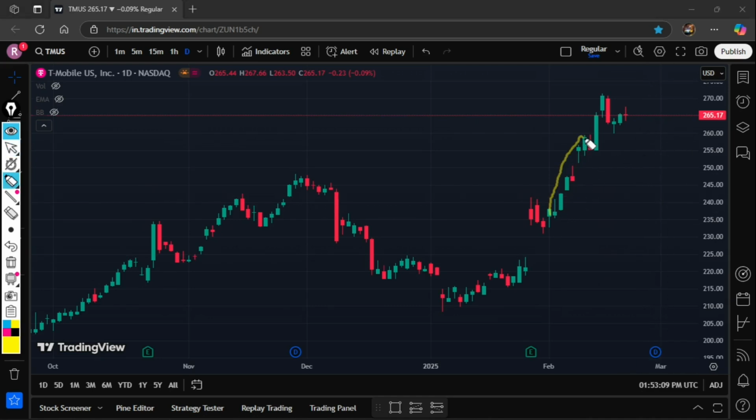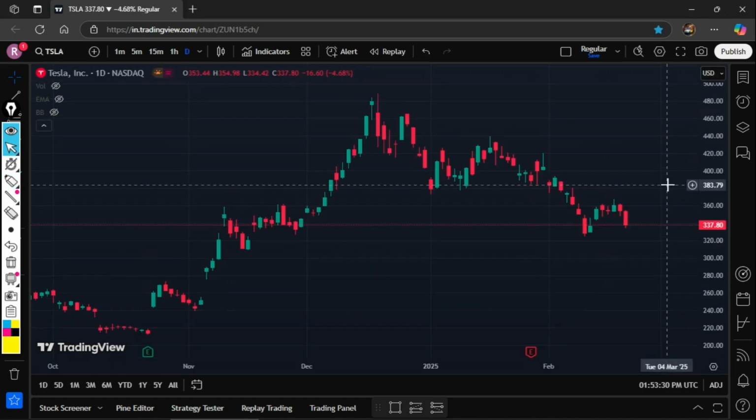Here the trend is upside. Now this is the point of decision, whether it will go upside or give downside. So here I am a little bit interested towards the selling side on an intraday basis.